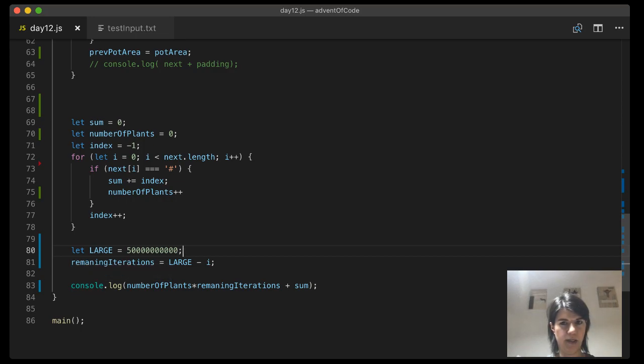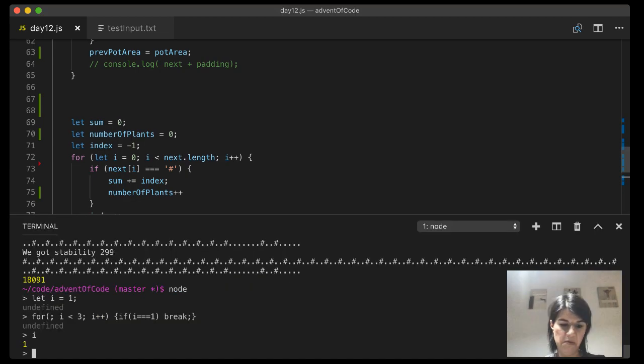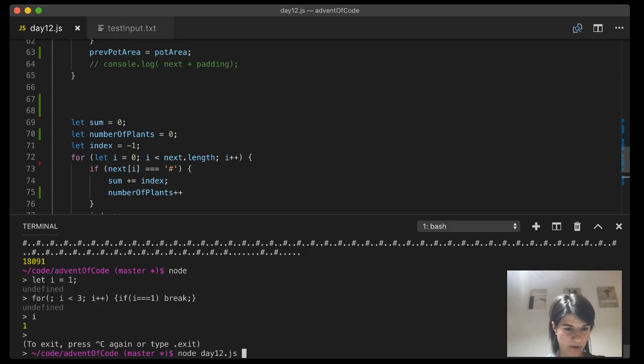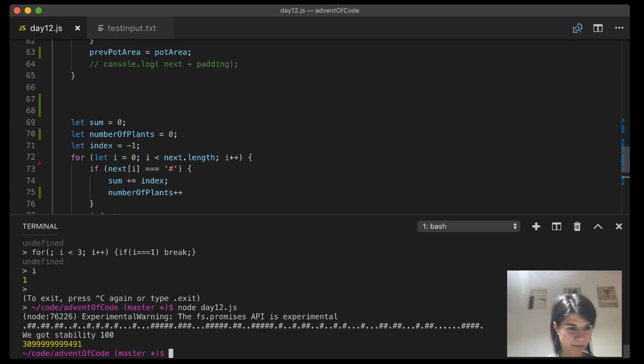Okay, what was I thinking here? I have a specific configuration, and if it's moving 1 to the right, I have to sum plus every plant increases 1. So the number of plants plus the remaining iterations plus the sum. What could possibly go wrong here, right? Oh, I get stability at 100. Cool.